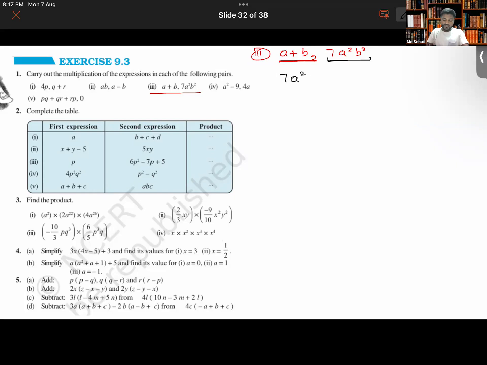It's 7a cube b cube multiplied by a plus b, right? So first you will be multiplying it with a, and then you will be multiplying it with b. Getting it? Okay, quickly solve this one.